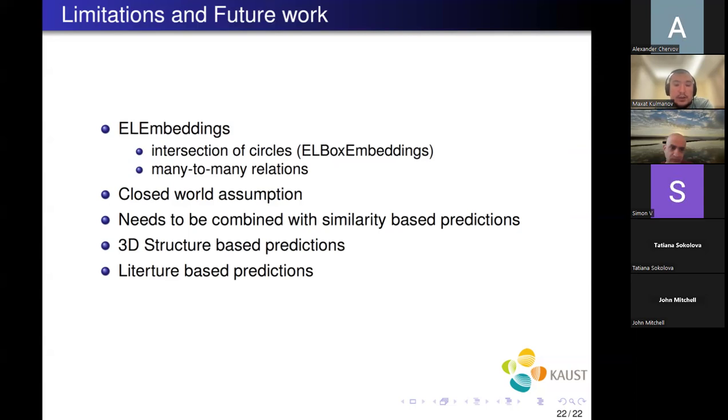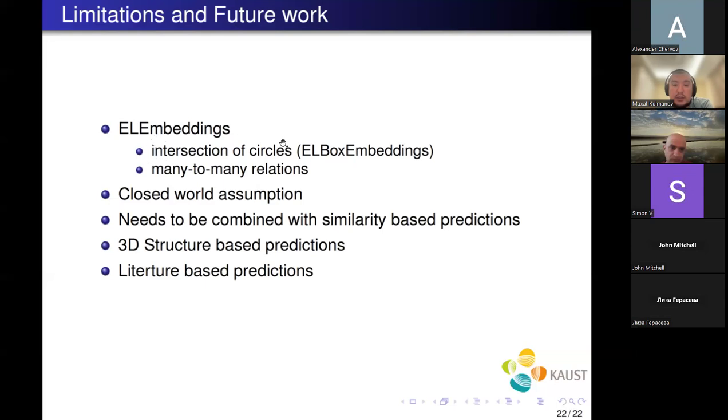We are continuing our work on function prediction. We're thinking about improving the current models and what to do next, and looking at our limitations. For example, we are using the EL embedding models, and they have some limitations. They cannot model all the relations, like many-to-many relations in the ontology, because they use a simple TransE formulation for modeling the relations.